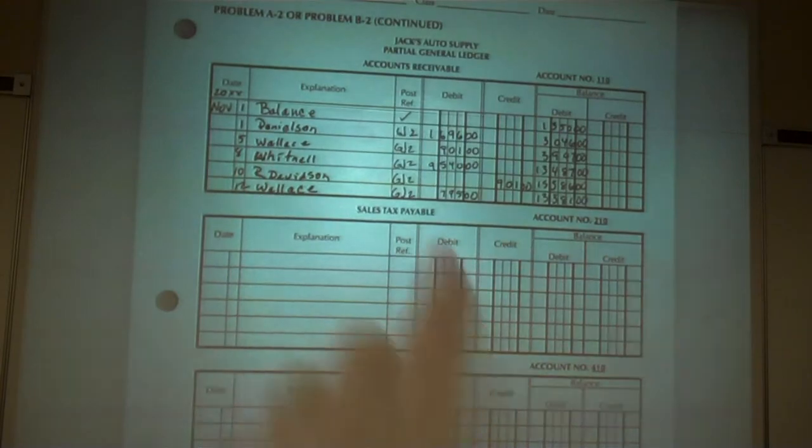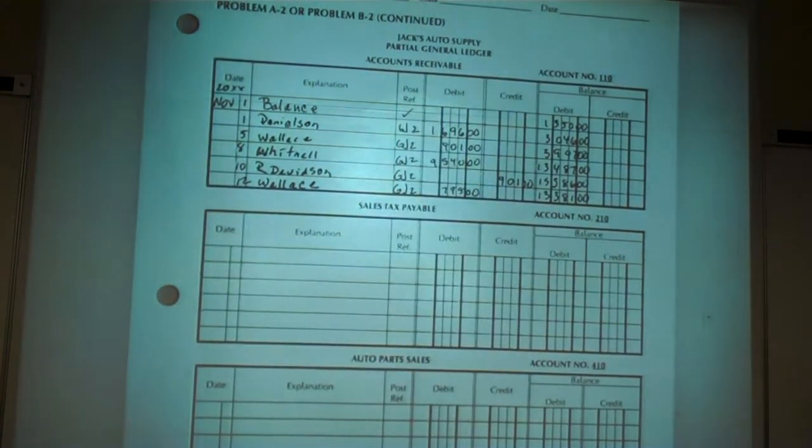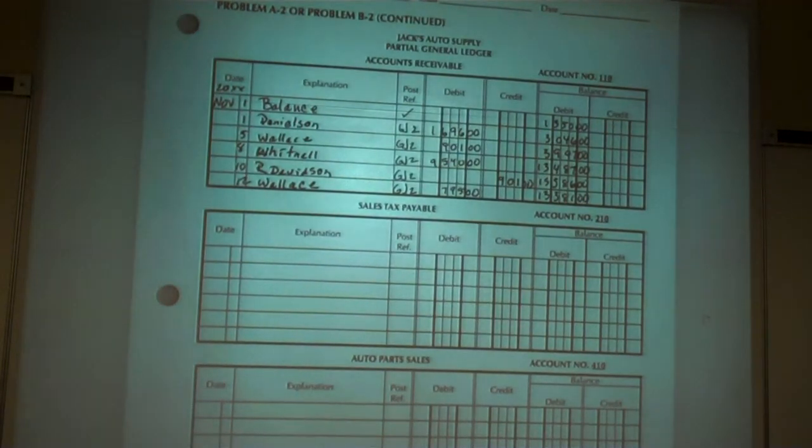What is this account called? Starts with a C. No, not contra revenue. Which one is the contra revenue? The sales returns and allowances. Sales returns and allowances is the contra.